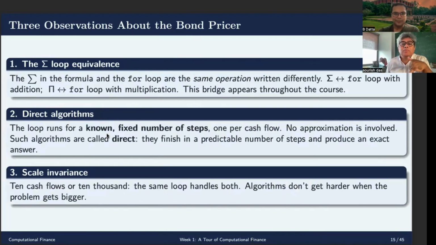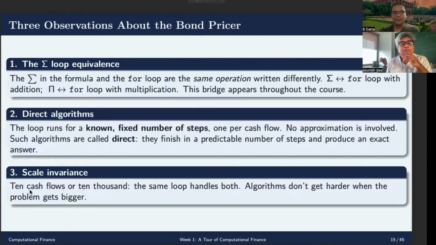They finish in a predictable number of steps and produce an exact answer. There are algorithms which are not direct, sometimes called stochastic algorithms. You don't know at what step they will stop, and the answer is not necessarily exact. That is for a different kind of problem.